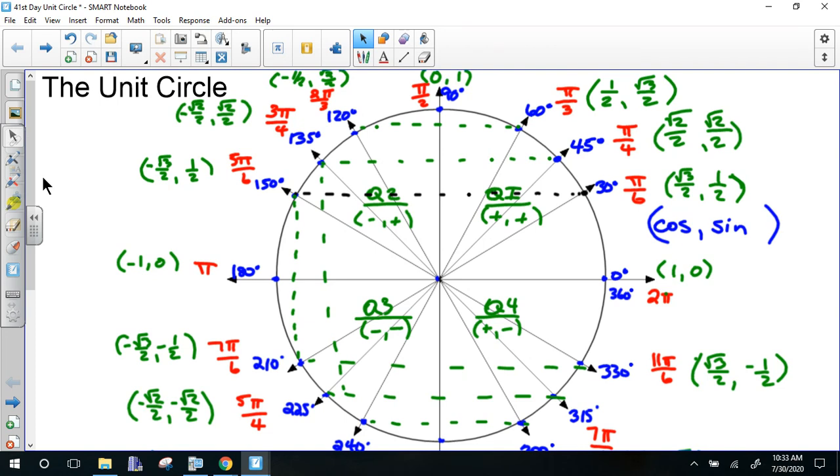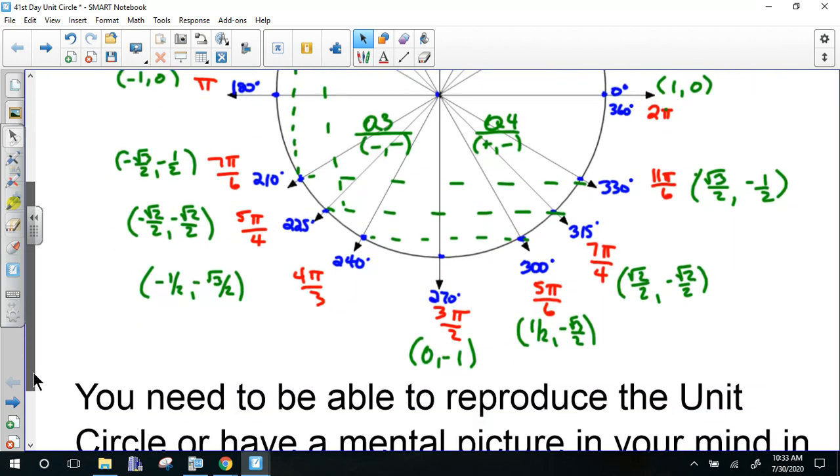So, the cosine of 30 degrees is square root of 3 over 2. The sine of 30 degrees is 1/2. Also, cosine of pi over 6 is square root of 3 over 2. Sine of pi over 6 is 1/2. That's how it works. We're going to work some problems with it.